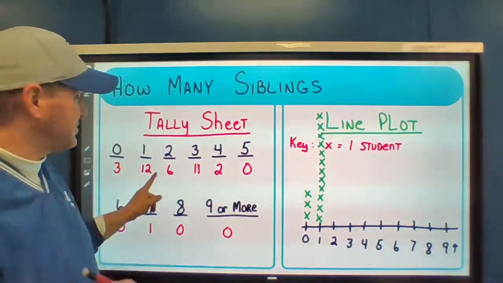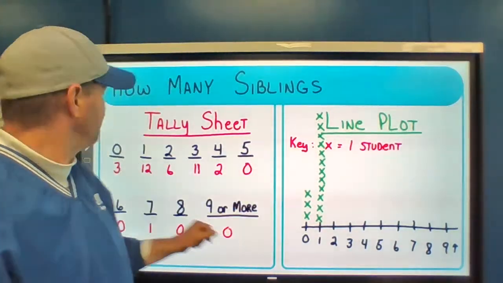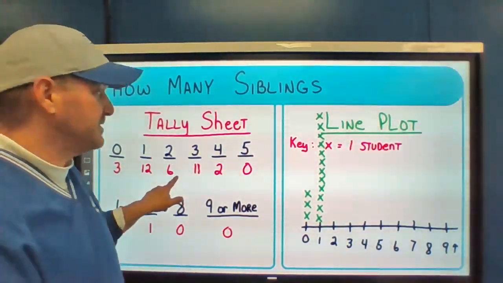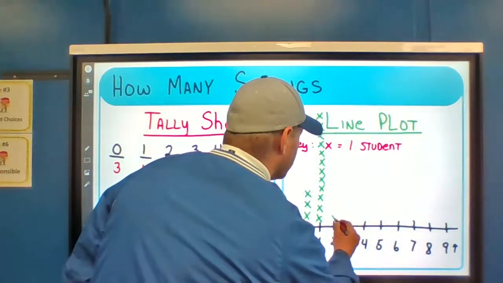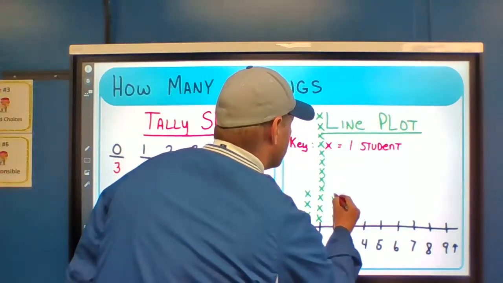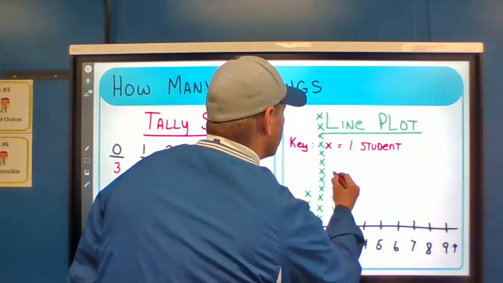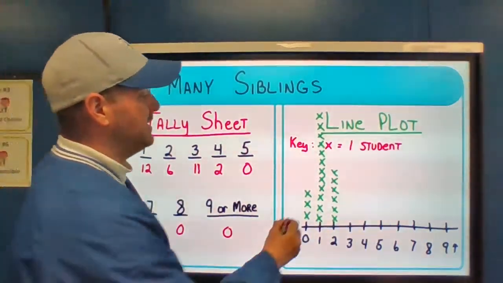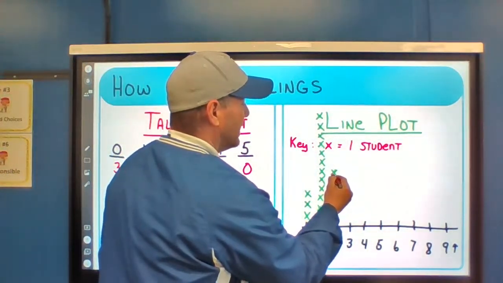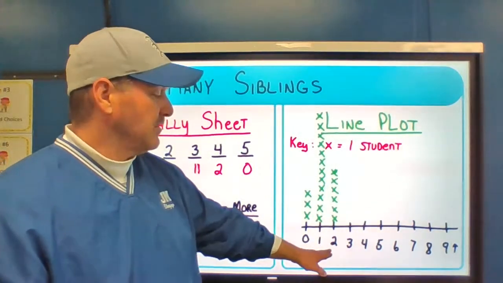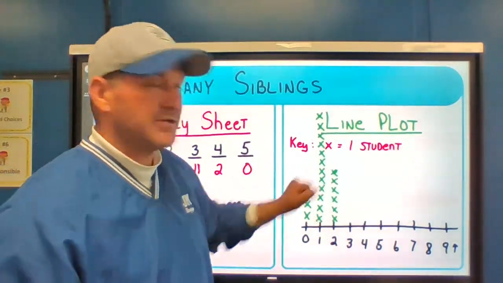At 1 brother or sister, there was 12 people. At 2 brothers and sisters, there would be 6. And each X represents how many students? So those of you that had 2 brothers or sisters, there were 6 of you.